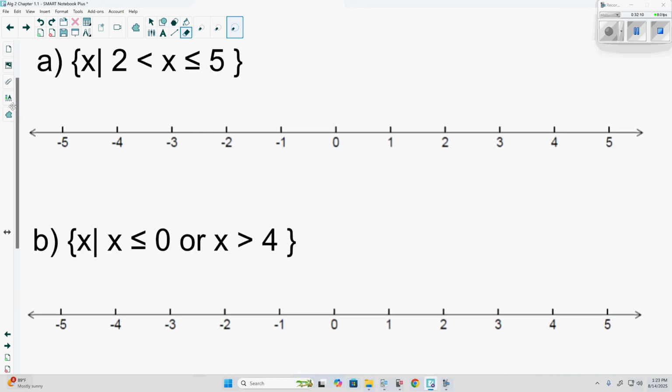Graph each of these that are written in set builder notation. It really just says graph the inequality, graph the equation, graph the statement. So our first one says that for all real numbers x, such that 2 is less than x is less than or equal to 5. So we're really just graphing the inequality 2 is less than x is less than or equal to 5.